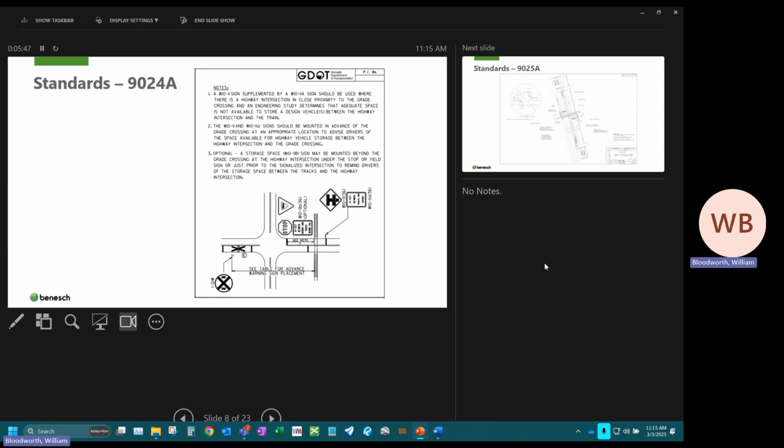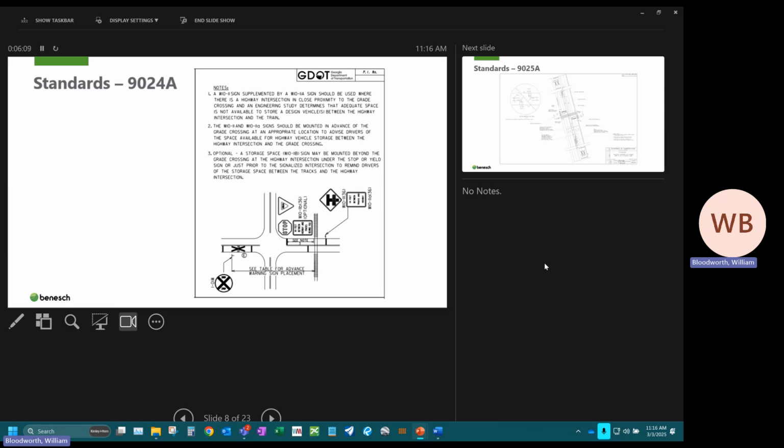And then this little diddly is also on standard 9024A in the top right-hand corner. Just want to bring your awareness to this one as well. This talks about the placement of W10-11A and W10-11B signs. So those signs are the signs that tell you you have X distance between your vehicle and the tracks.